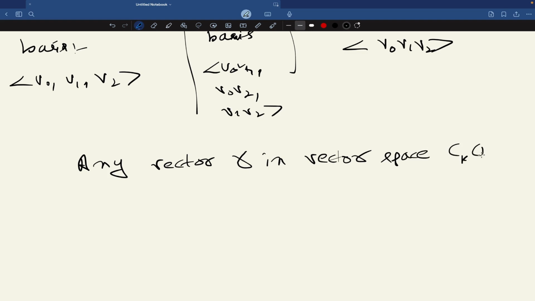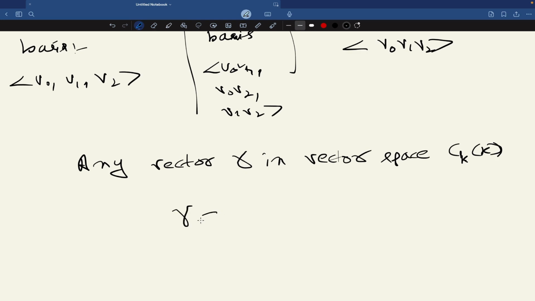So to get any vector gamma in vector space Ck(K), you can take a linear combination of its k simplices, right?